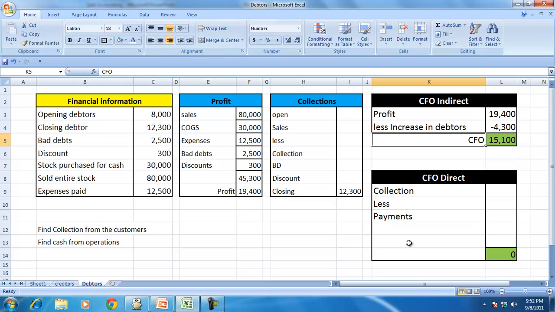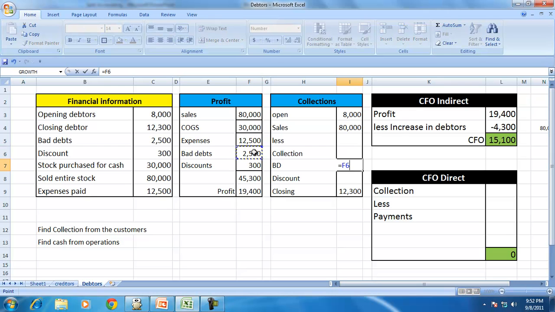Let us understand that. In order to find the CFO with the direct method, there is a need to find the collection, which is also the focus of this session. So the opening debtors 8,000, sales, we have taken the entire sales as credit sales. We don't know the collection. The bad debt is given 2,500, discounts 300, and the closing debtors is 12,300.